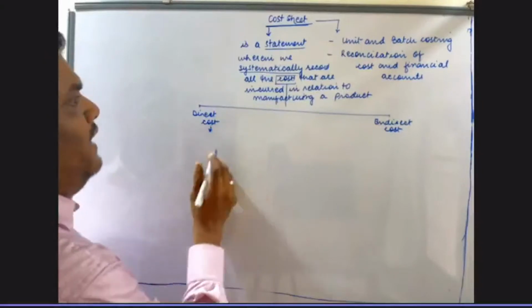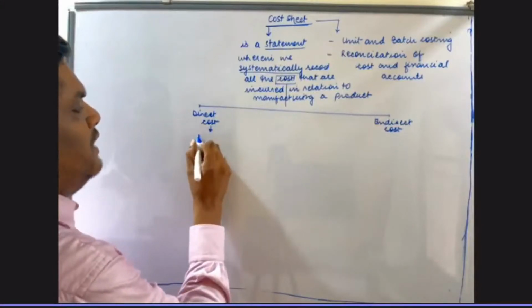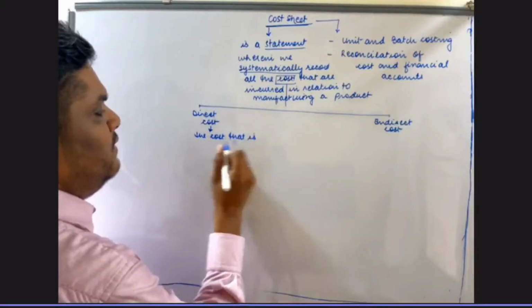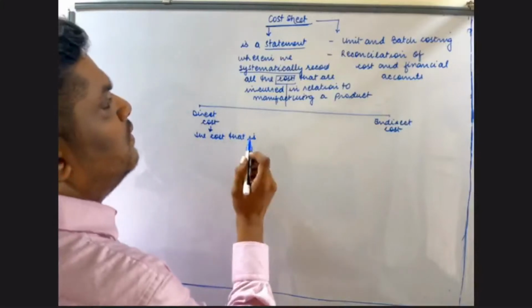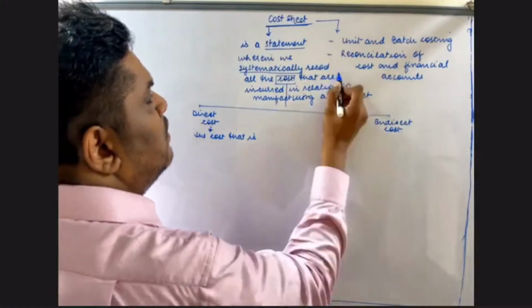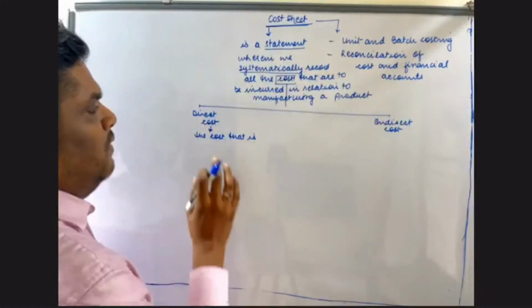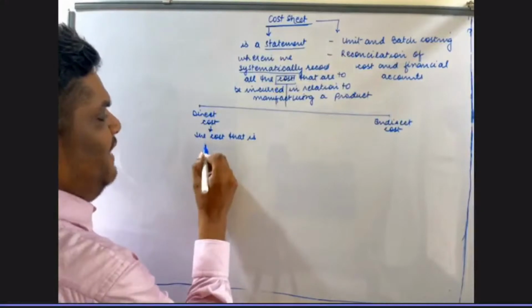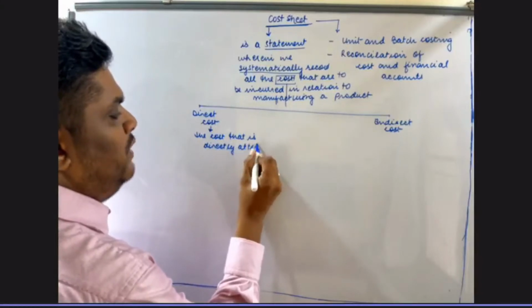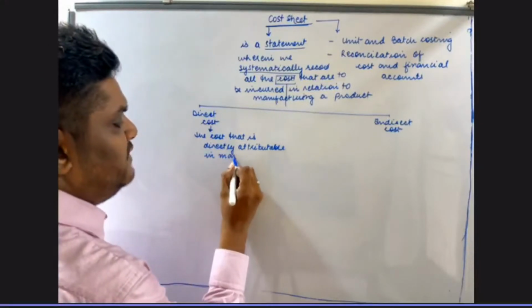So when talking about direct cost, the cost that is directly attributable in manufacturing a product.